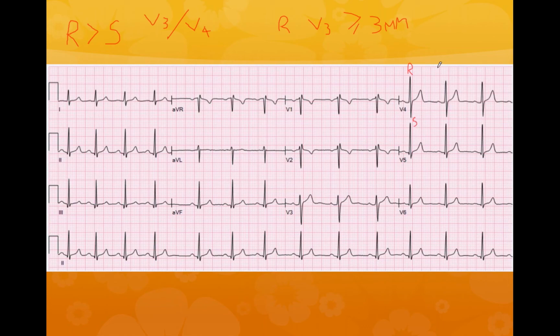If, however, we got to V4 and still we only had a tiny R wave and a big S wave, and again in V5 we had a little bit more, but not really a significant difference, and then finally when we got to V6 we saw the R wave take over, then this would be called poor R wave progression.